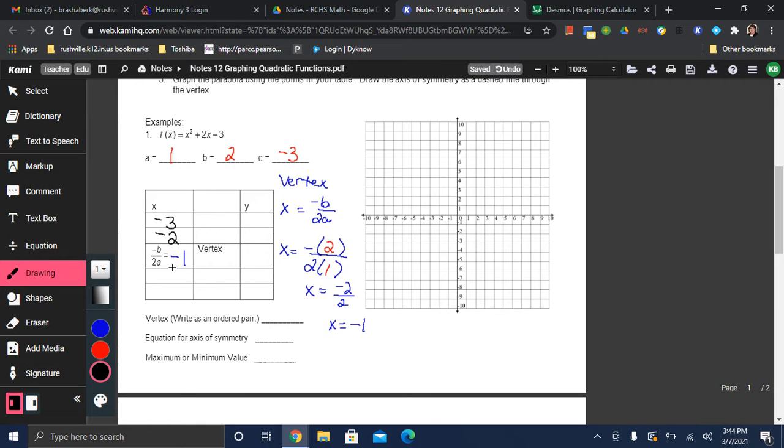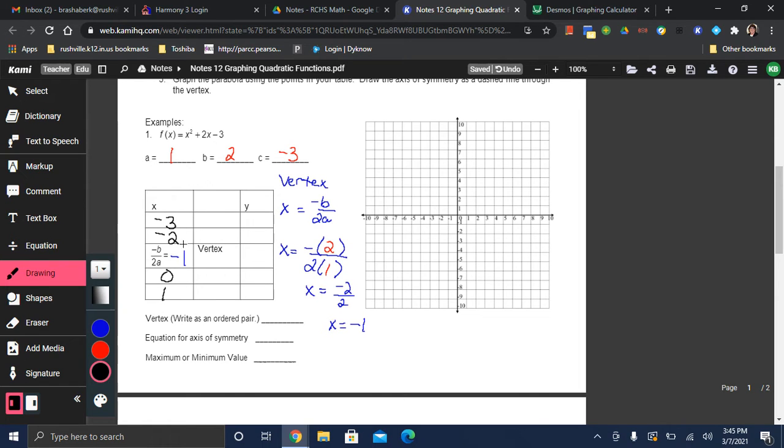Or if we counted forward from negative 1, we would be going up to 0 and 1. These are the other x values that I want you to use. So 2 that are smaller than negative 1 and 2 that are larger than the negative 1. Just count backwards and then count forward from your vertex.